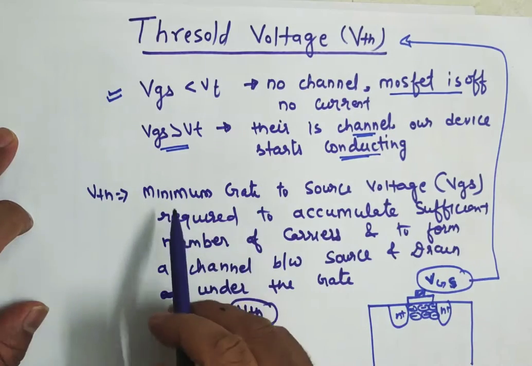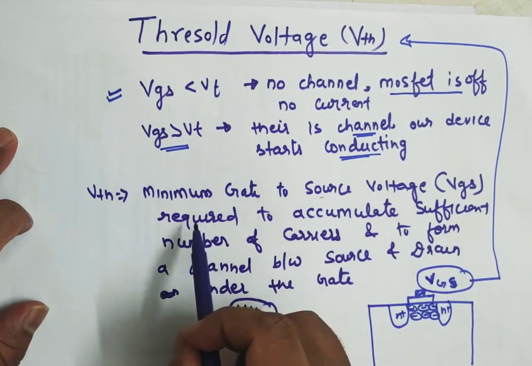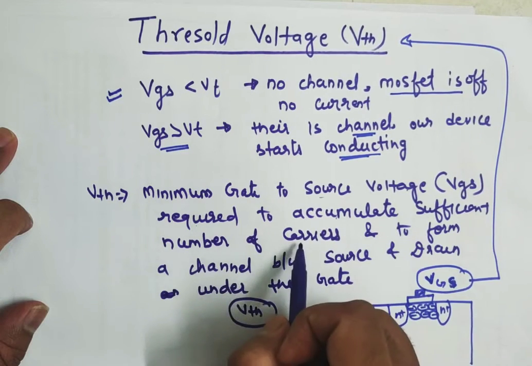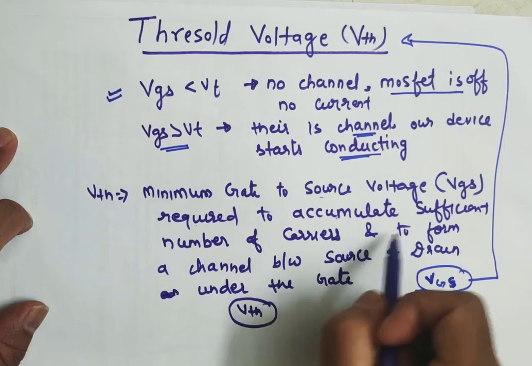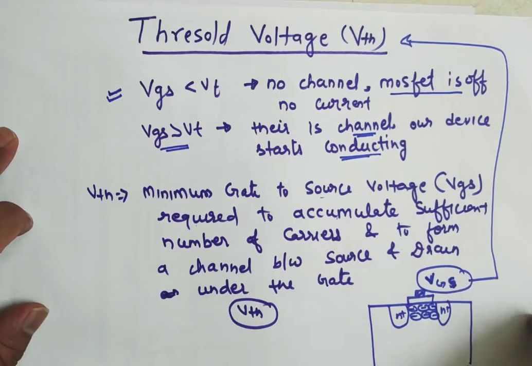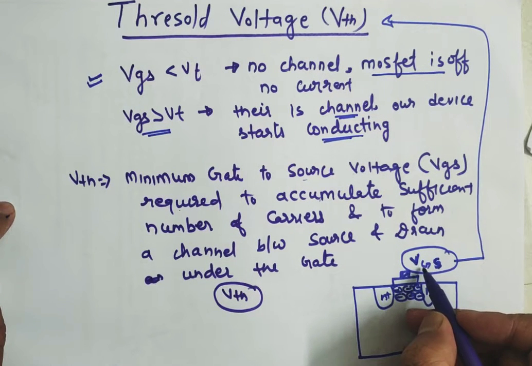So that's what we have written: minimum gate to source voltage, or the VGS, required to accumulate sufficient number of carriers and to form a channel between source and drain under the gate, correct? So if we see here, this VGS we have written, we have to apply a gate voltage here.